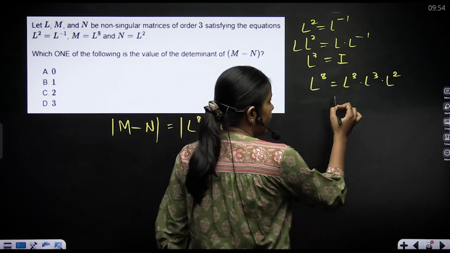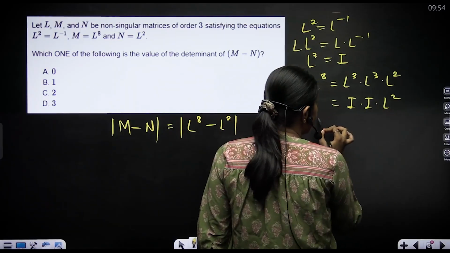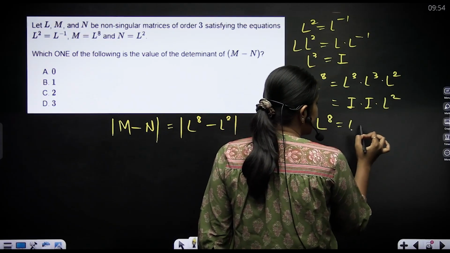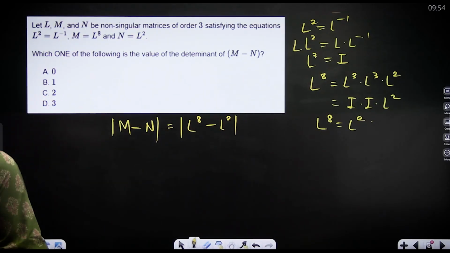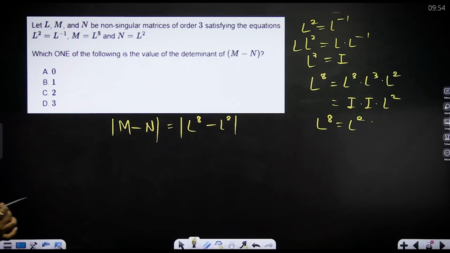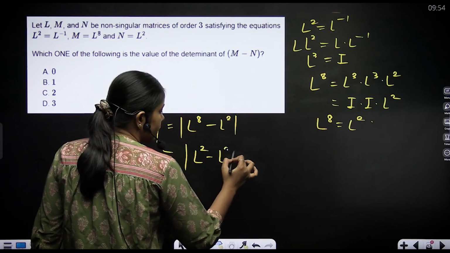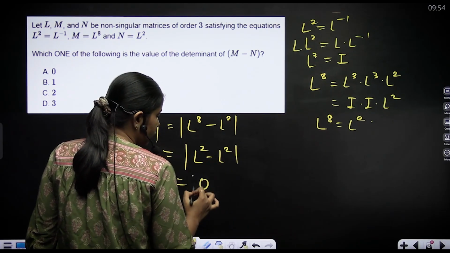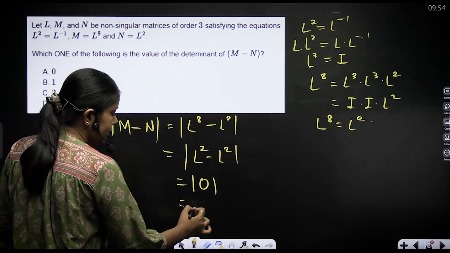So L cube I get as identity, and it is L square. So L to the power 8 I got as L square, because if I multiply anything with an identity matrix, it remains the same. Right? So it would be L square minus L square, and we'll get a 0 matrix, and the determinant of a 0 matrix is 0.